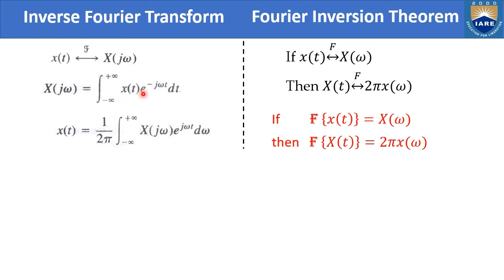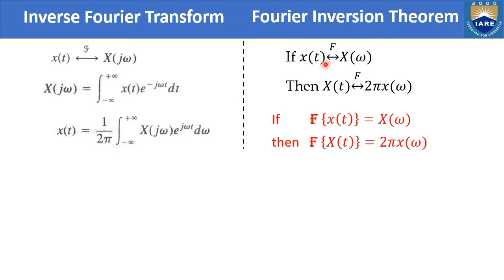So this is the forward Fourier transform, this is the inverse Fourier transform. In this context, I would like to introduce the Fourier inversion theorem, which is very important to solve these problems.